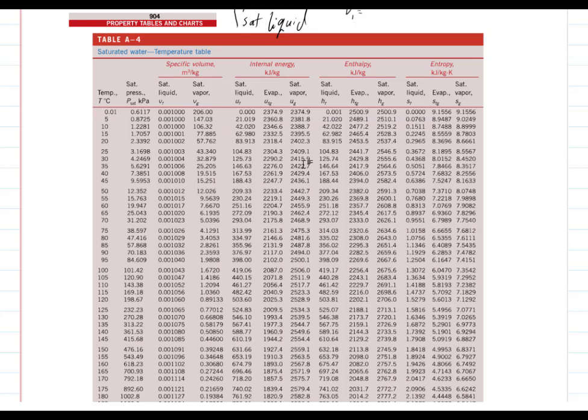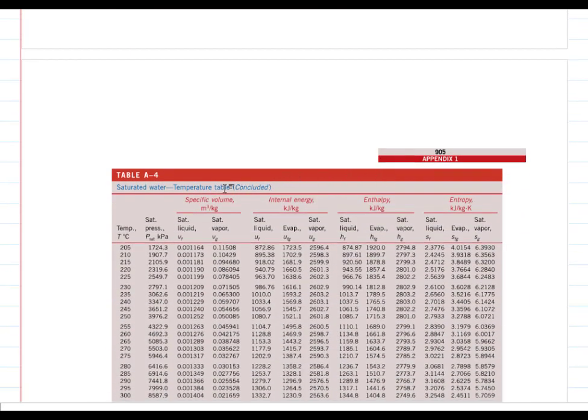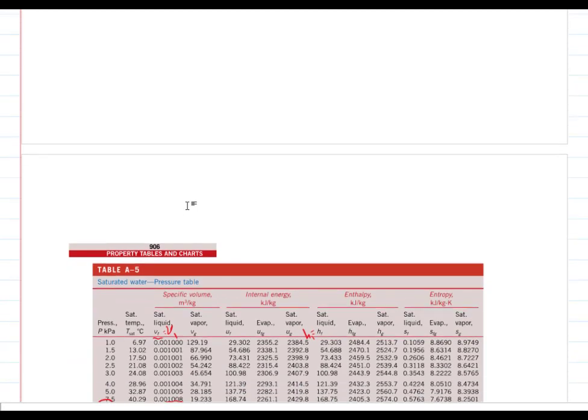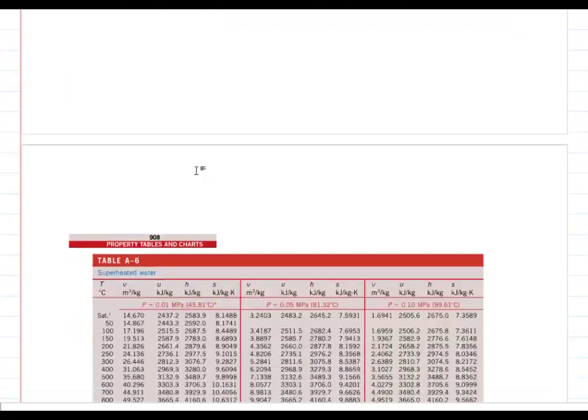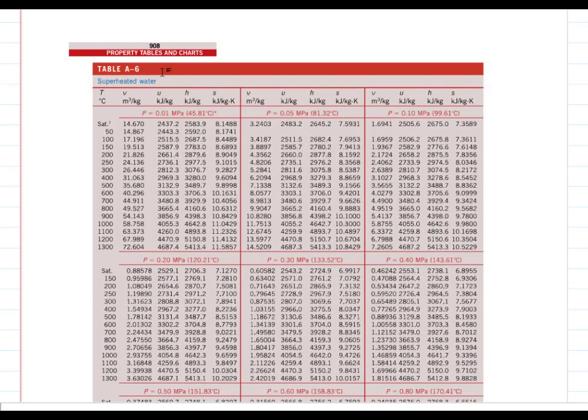As I told you, state 3 is in a superheated region, so first of all, we should find the table for superheated water. Table A4 is for saturated water, so it is not useful for us. Again, A5 is saturated water, and table A6 is for superheated water, which is the table we are looking for.